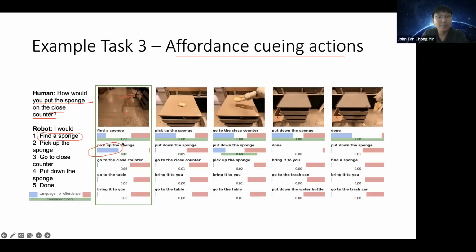But the language model picks up the sponge as the main thing. Luckily, the affordance here is almost negligible, close to zero, which means it's not possible to pick up a sponge here. So in this case, the value function is trained nicely, because this action doesn't really work.